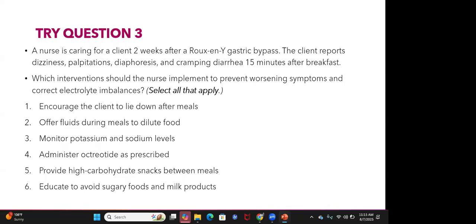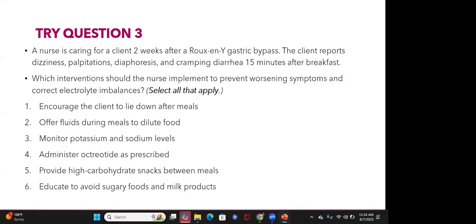Which intervention should the nurse implement to prevent worsening symptoms and correct electrolyte imbalance? Select all that apply. 1. Encourage the client to lie down after meals. 2. Offer fluids during meals to dilute food. 3. Monitor potassium and sodium levels. 4.